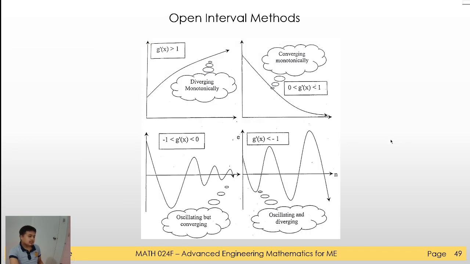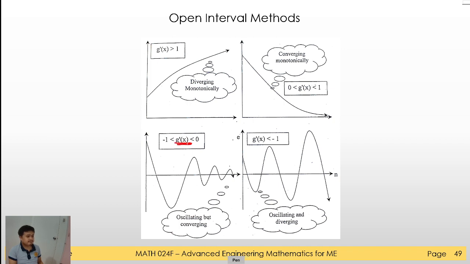Now, the graphical representation when the first derivative of your g of x is greater than 1 is that it will diverge. But if it is in between 0 and 1, meaning it is still within the range of our g prime of x, it will converge monotonically. And if it is negative, it will still converge, but it will oscillate.